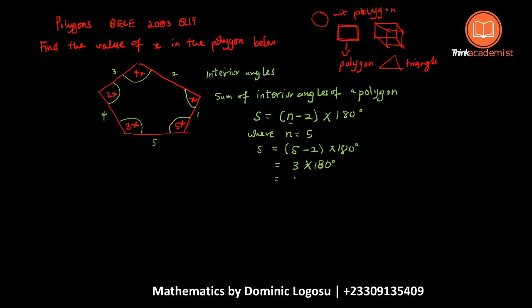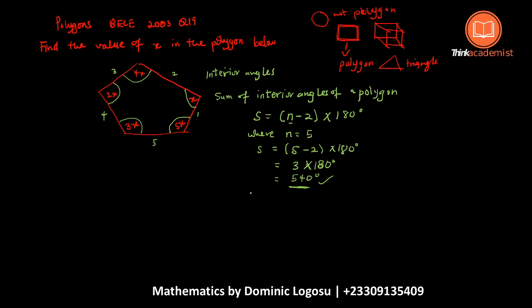And then when we solve that, we're going to get 540 degrees. Now 540 degrees basically is the sum of interior angles. So it means that if I decide to sum all these angles, it should be equal to 540. What do I mean by sum? If I decide to add all these angles, it should be equal to 540.